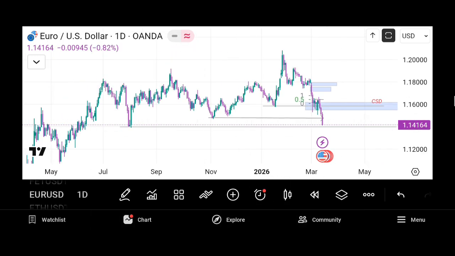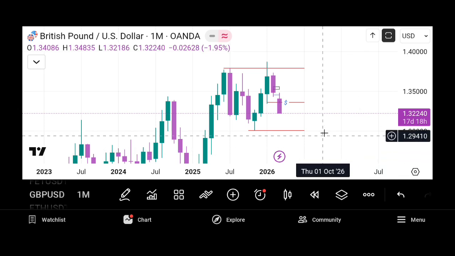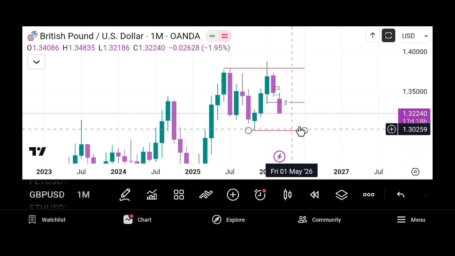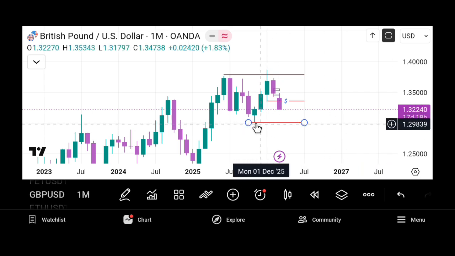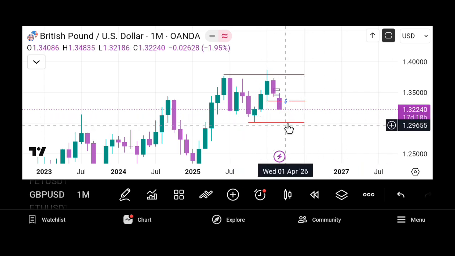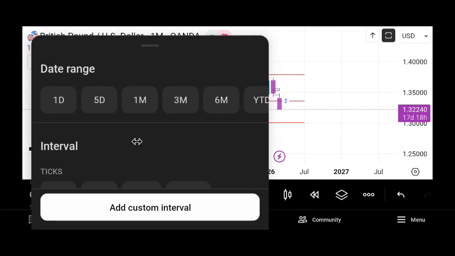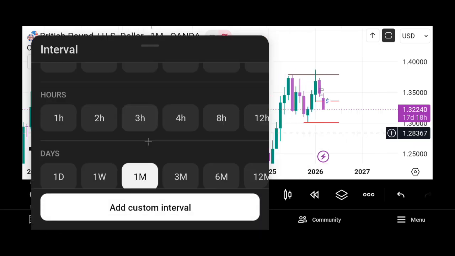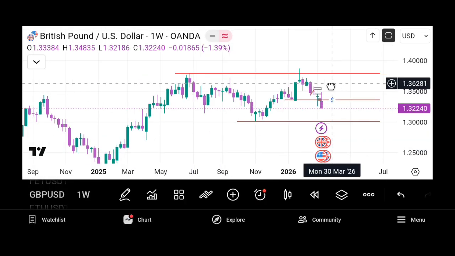So let's move down to the other pair, which is GBPUSD. Unlike EU that has gotten to the long-term draw, GBPUSD has not gotten to the long-term draw I talked about, which is this low. And on the daily, these are all the things I marked out last week.